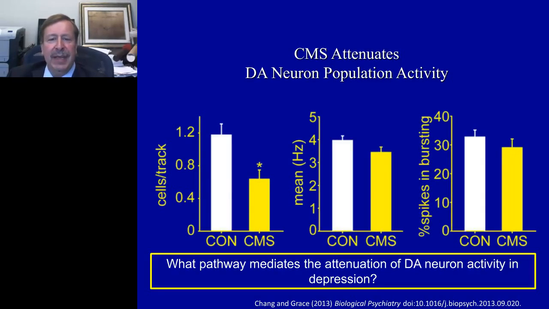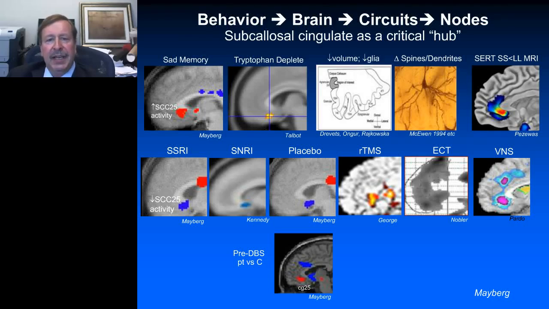Now, what pathway mediates this attenuation of dopaminergic neuron activity? Well, in order to look at this, we looked at the clinical literature. And studies by Helen Mayberg have identified an area, the subgenual cingulate, or area 25, as an area associated with depression. This area is activated by sad memories, by tryptophan depletion, which is known to activate the depressive symptoms, and it's also high in depressed patients.